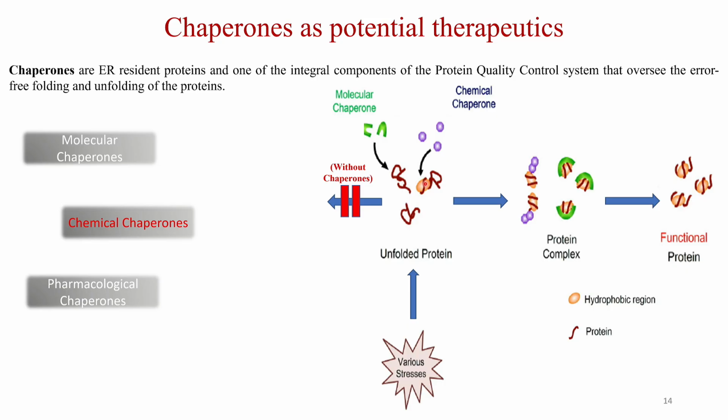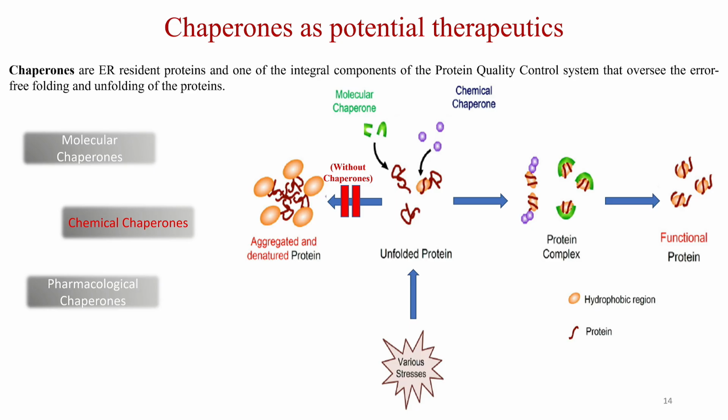If the unfolded proteins are more and chaperones are less, then these unfolded proteins start aggregating, and thus they lead to this particular disease condition.